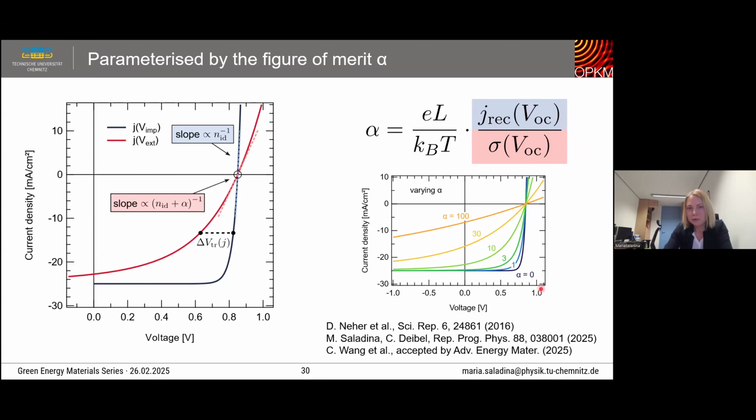And the effect of alpha, if you go from 0 to 100, for example, is that it stretches the JV curve compared to the open circuit voltage. For the value of 1, you will not have a lot of fill factor loss, but if you approach 10 and 100, the fill factor losses will be very significant.